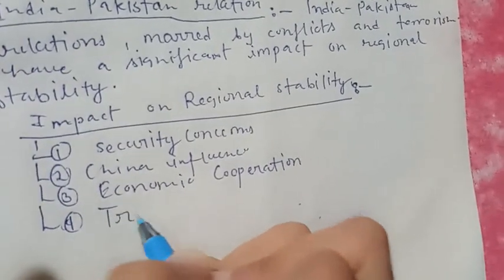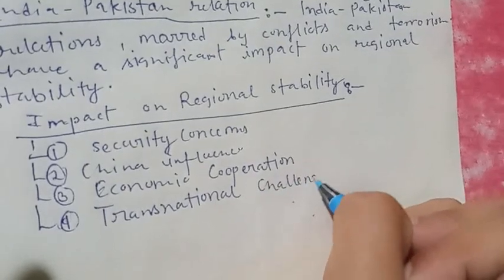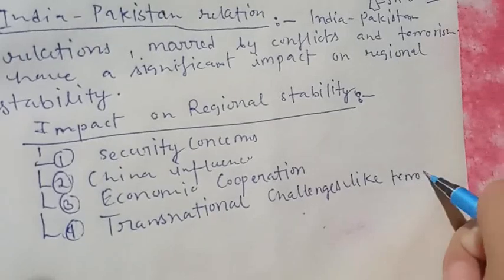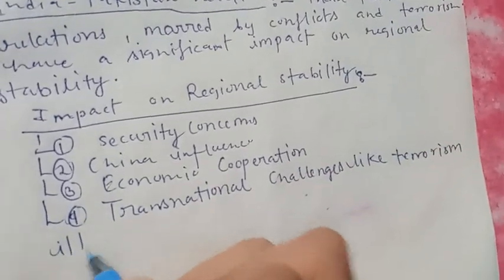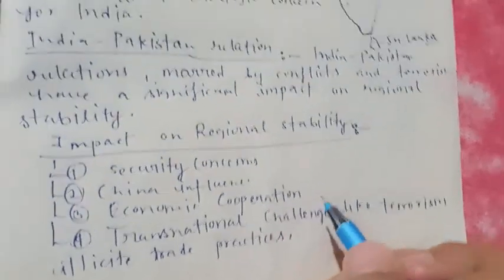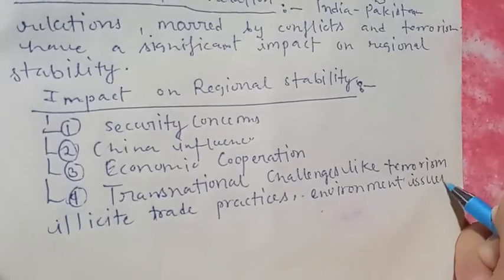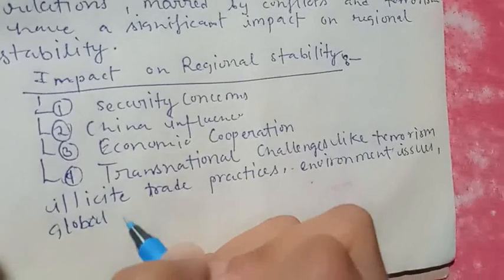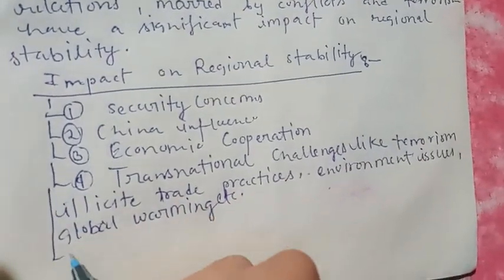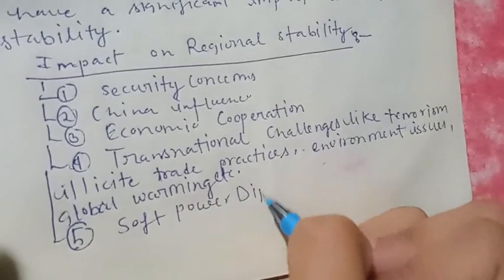Fourth is transnational challenges, like terrorism, illicit trade practices, environmental issues, global warming, etc. Fifth is soft power diplomacy.